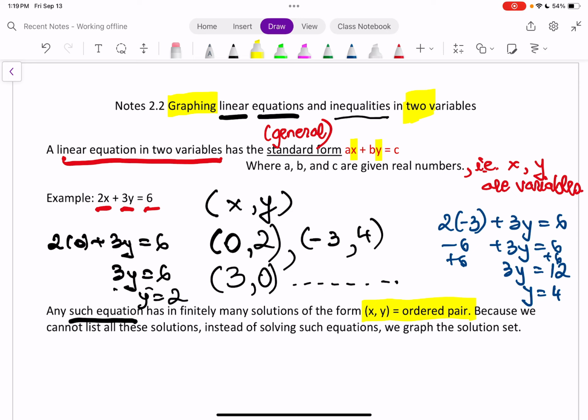So because we have infinitely many solutions, we cannot list all of these solutions. So to solve an equation means tell me what the answers are. Well, there's going to be way too many answers here for me to list. In fact, infinitely many of them. I'll never be done with this problem, right? So instead of solving such equations, we graph the solution set.